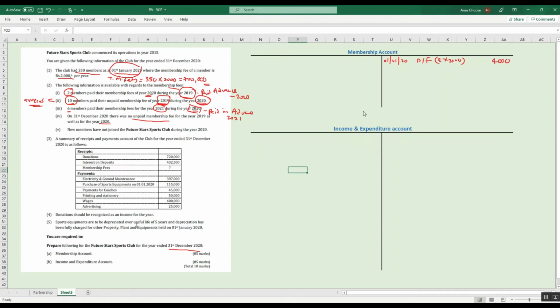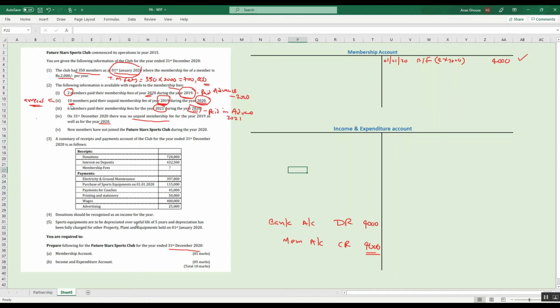When they paid this amount, the sports club would have debited the bank account 4000 and credited the membership account. So this amount will be shown in 2020 as a credit balance, as an opening balance.